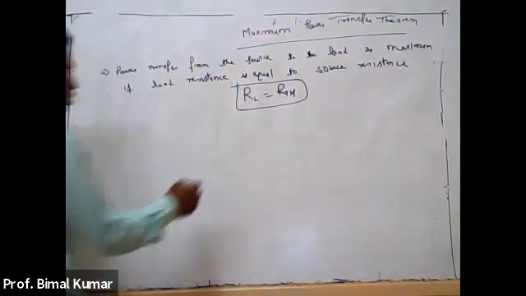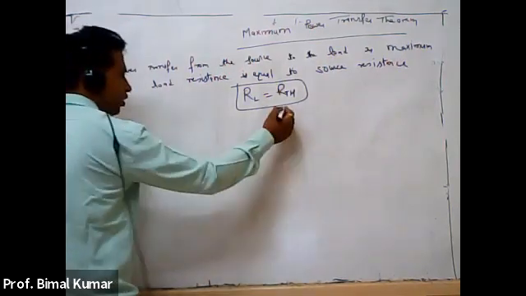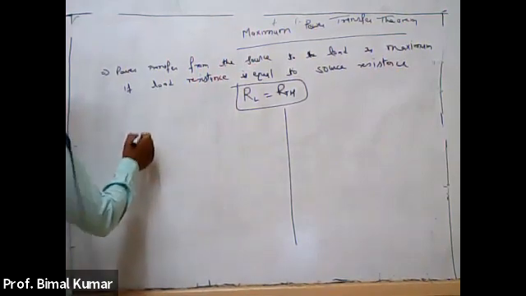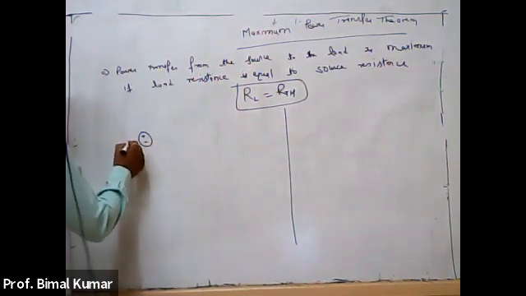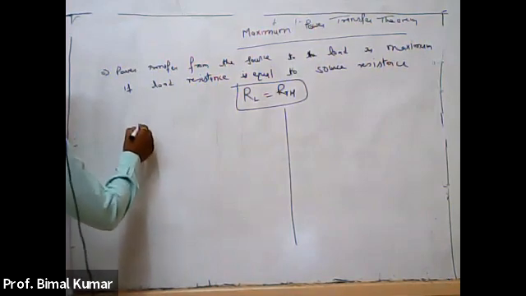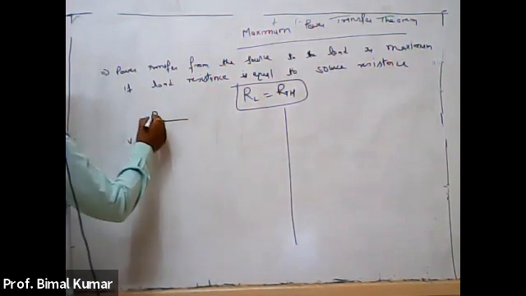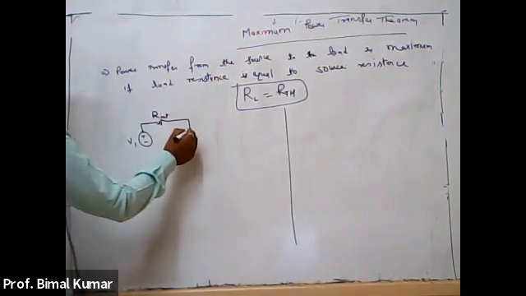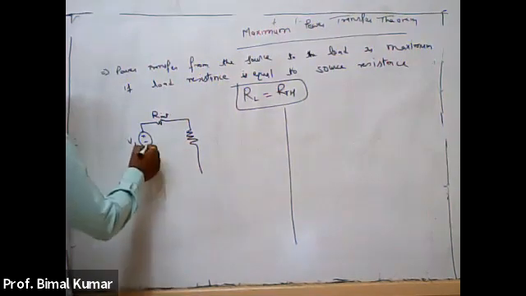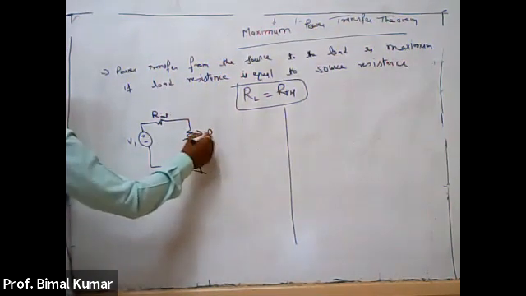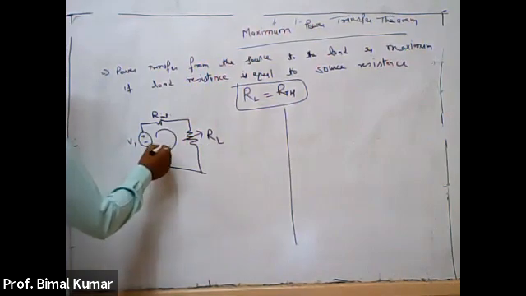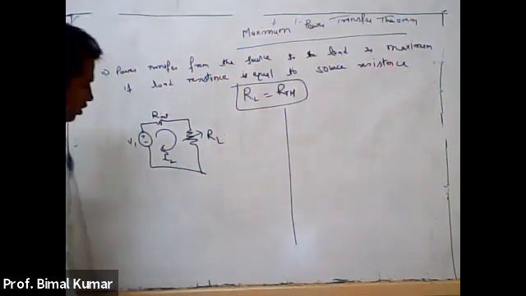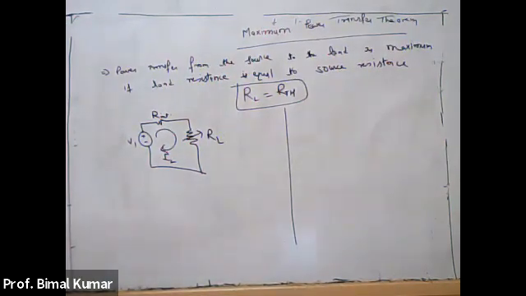Right? So let us take one circuit with the help of which we may be able to prove it. Let us say this is your voltage source of the value V1. This is your R source, that means R internal, and here it will be RL. Right? So current going through it, let us say, is IL.